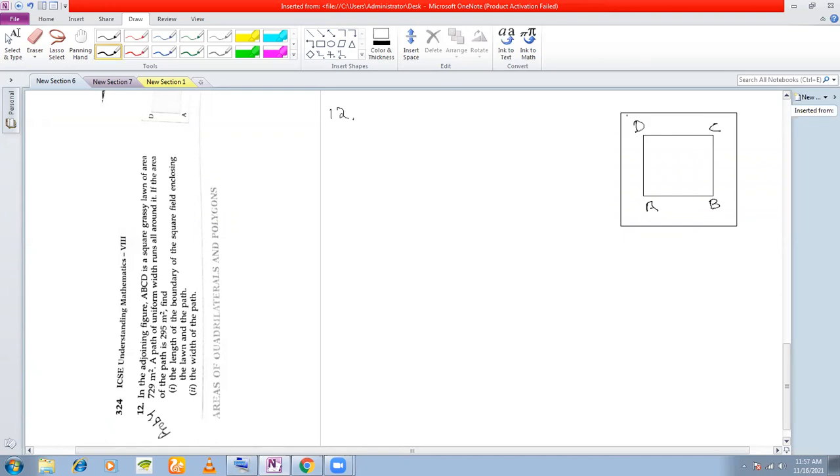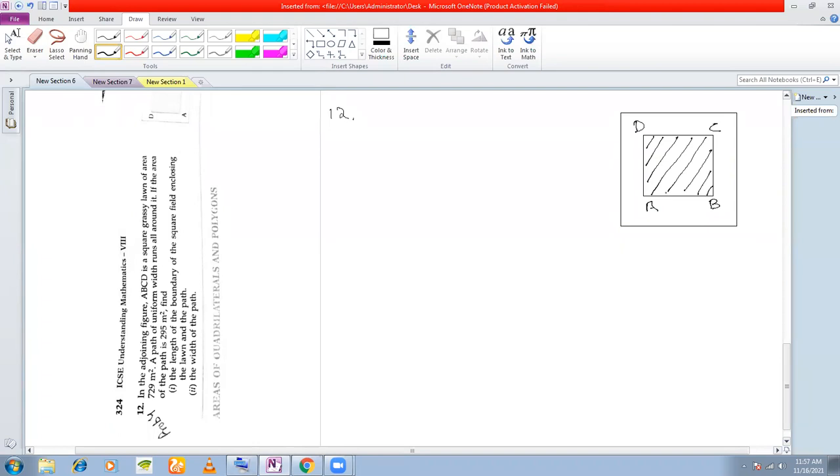Okay, and this part in the figure is shaded. Now let's read the question. This is the figure that is given to you. We'll write the measurements later.